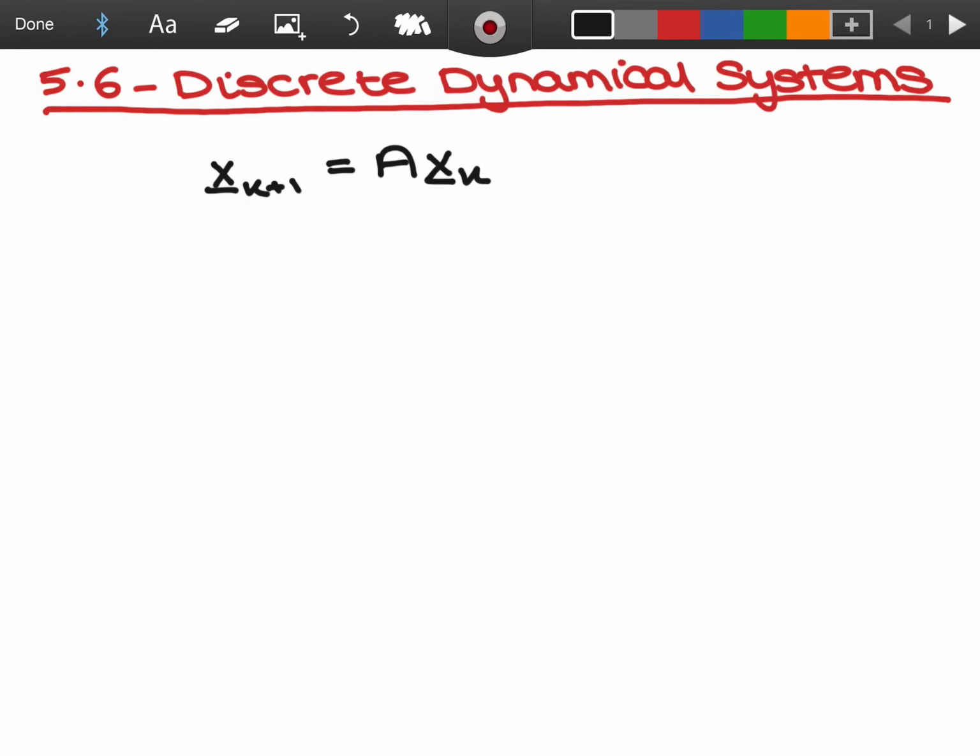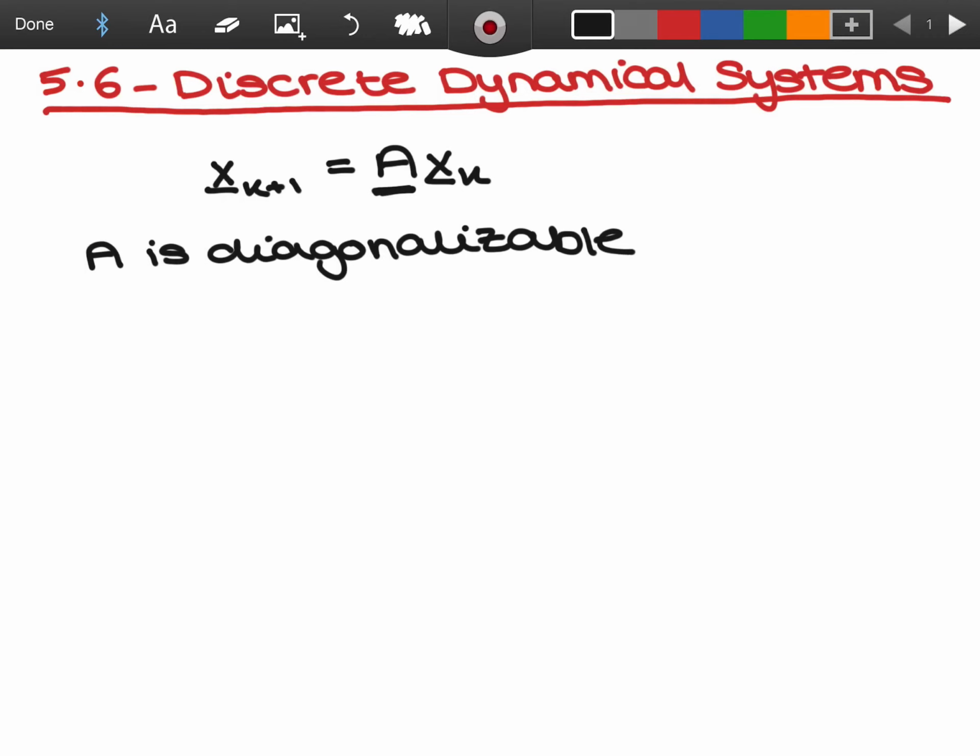Okay. So what we are going to do, we're going to assume that A is diagonalizable. Okay, so A is going to be diagonalizable. When A is not diagonalizable, it does get more complicated, so we're not going to look at that in this course, but we're going to consider A to be diagonalizable.